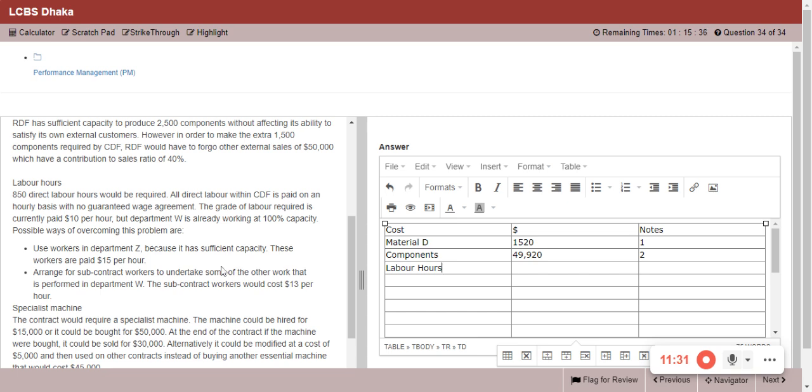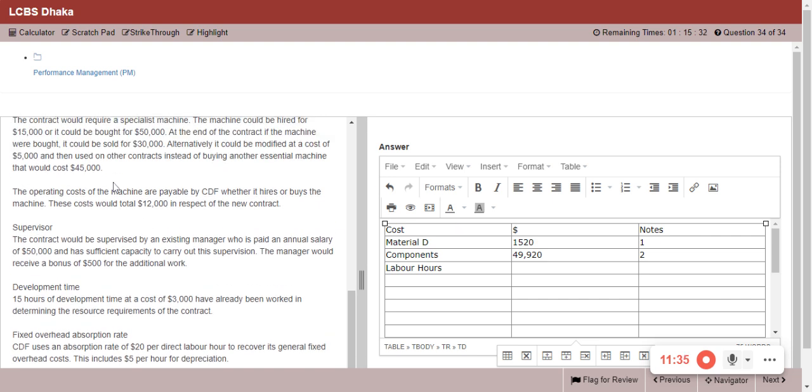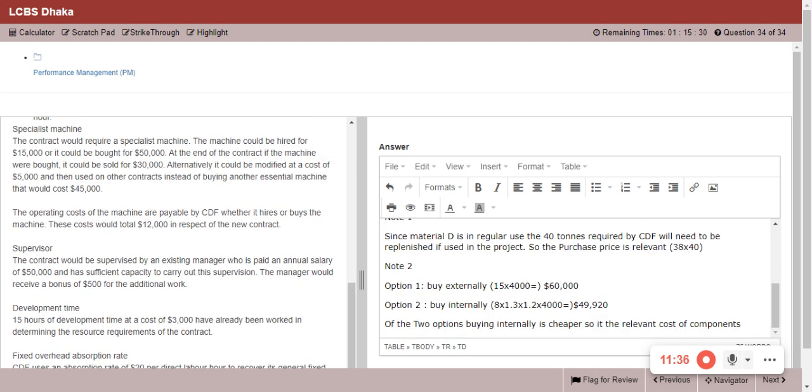So there are two ways it seems that they've given us, option 1 and option 2. So let's do the calculations. Note 3.